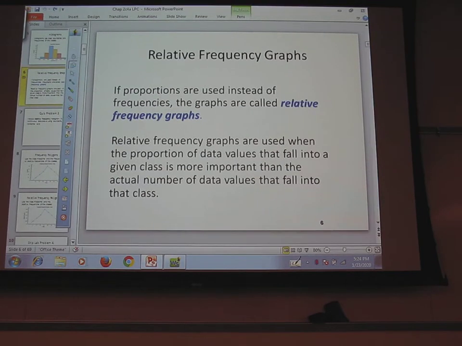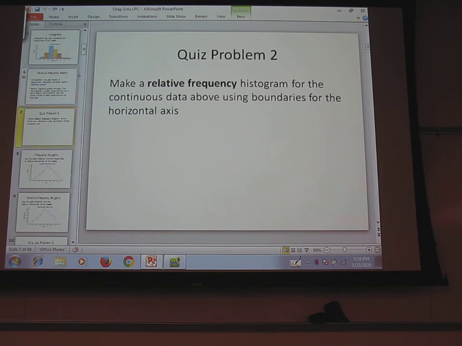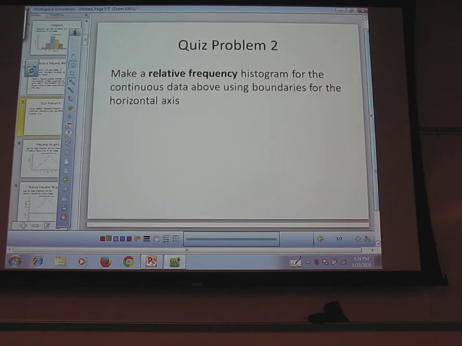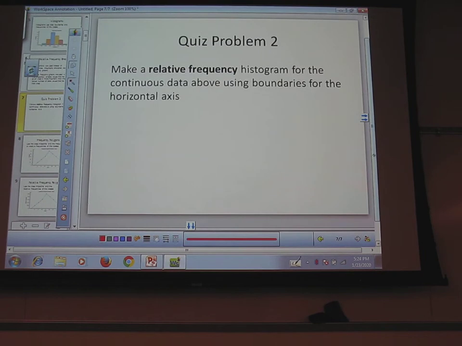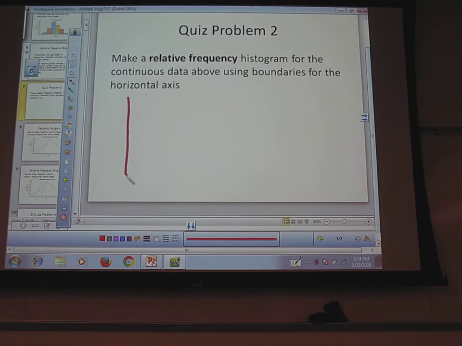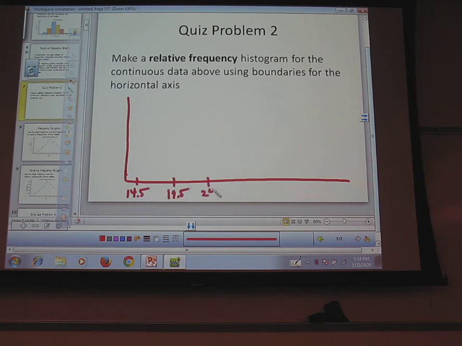Okay, so your quiz problem number 2 was making a relative frequency histogram for the continuous data. So you've made your little graph like that, right? And did you use boundaries? I think I asked you to use boundaries. So you started off with 14.5, and these are all of your boundaries.